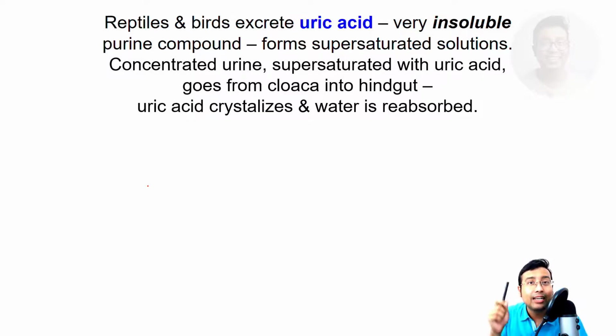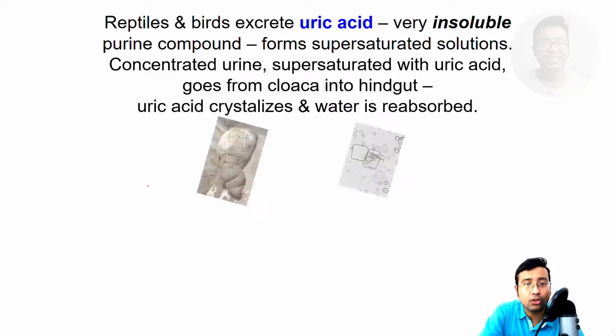But mind it, birds don't have the luxury to drink water like us. So this water needs to be preserved or conserved. So what happens? Uric acid from the solution, from the thick paste, crystallizes in their fecal matter, right? And this water is reabsorbed.